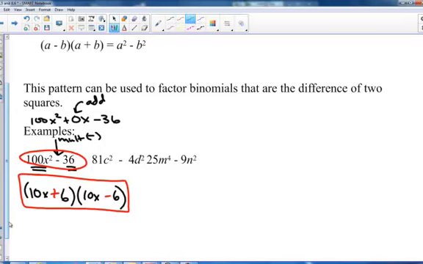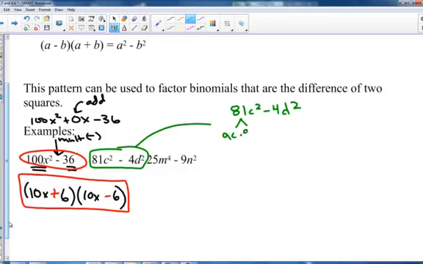All right, the next problem, I'm going to rewrite this over here so I have more space. 81c squared minus 4d squared. This is a perfect square, 9c times 9c. This is a perfect square, 4d times 4d. So I'm thinking that my factored form is going to be 9c plus 4d and 9c minus 4d.